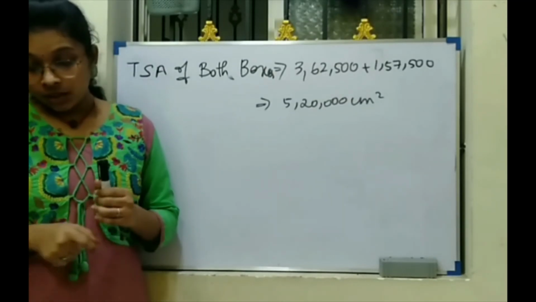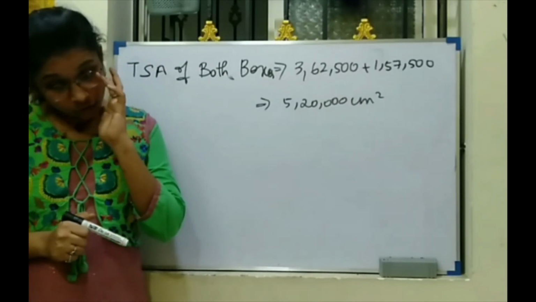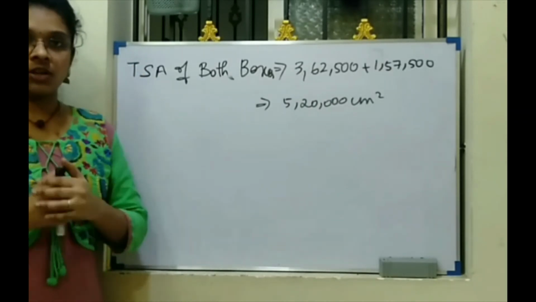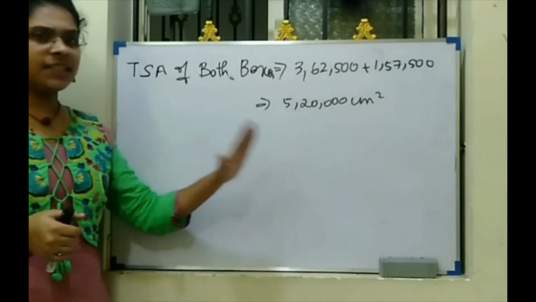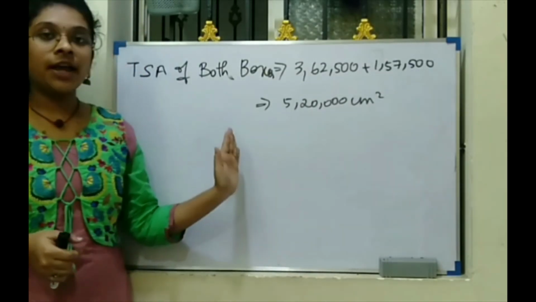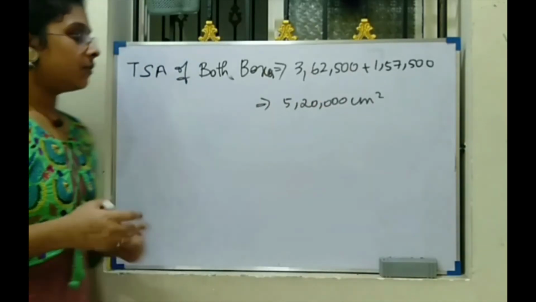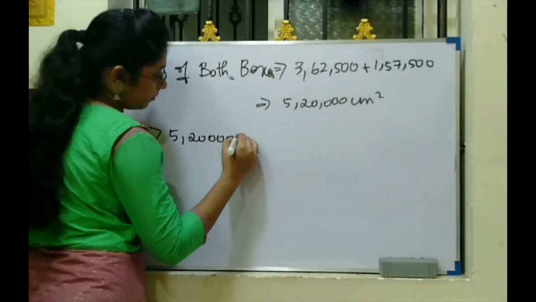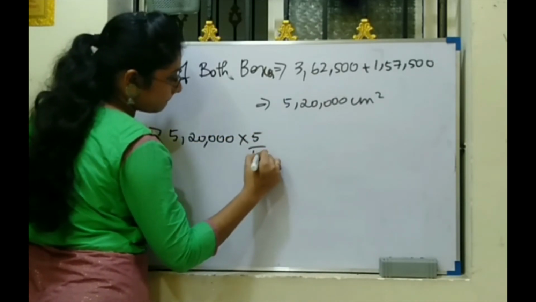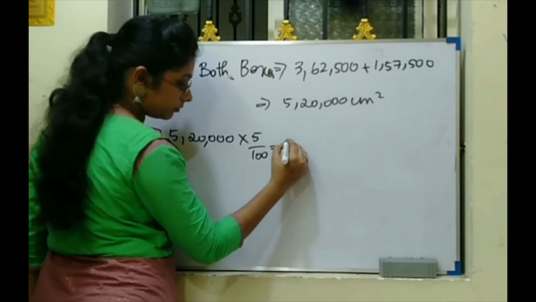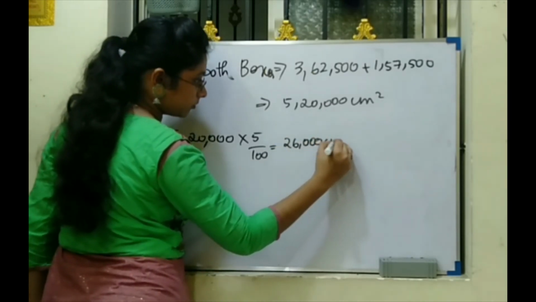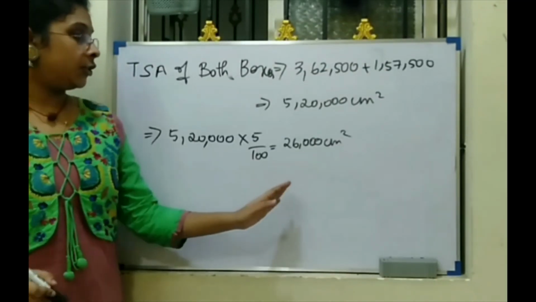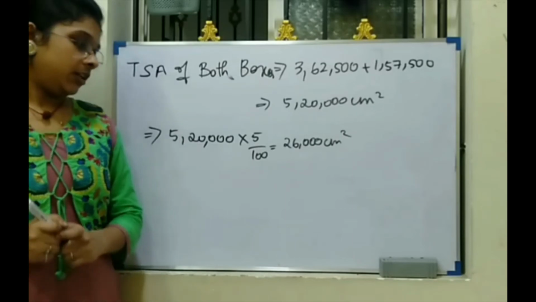See the question. For all the overlaps, 5% of the total surface area is required extra. So we need to find the area which is required extra, right? So we have to find the 5% of the total surface area, therefore the area of overlaps is equal to 26,000 centimeters square.